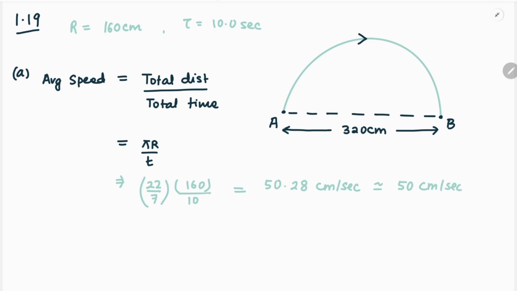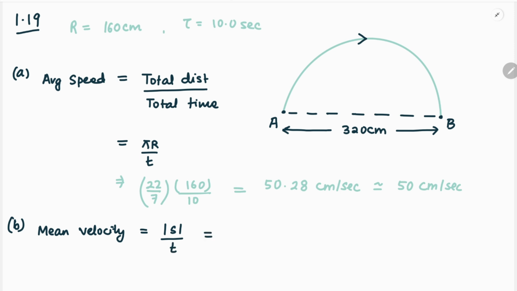Now in the next part the problem is asking us to calculate the modulus of the mean velocity vector. So the modulus of mean velocity vector is displacement by time.